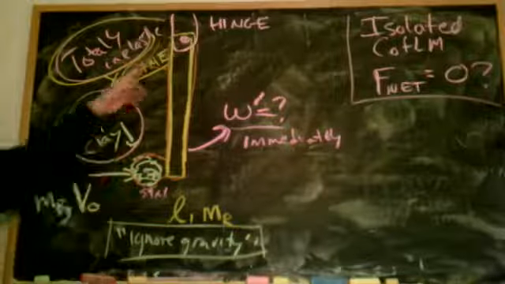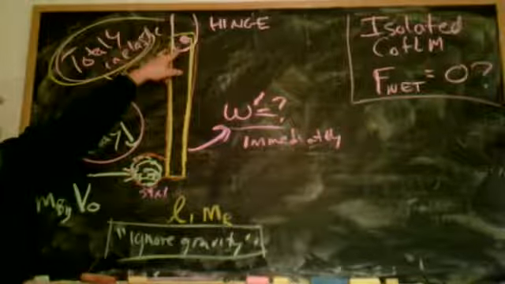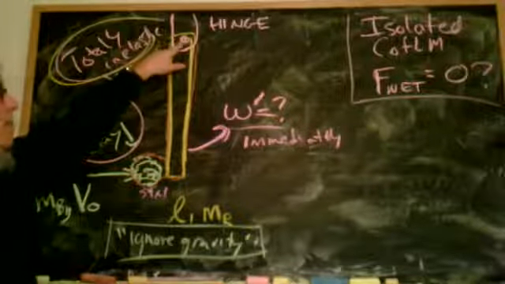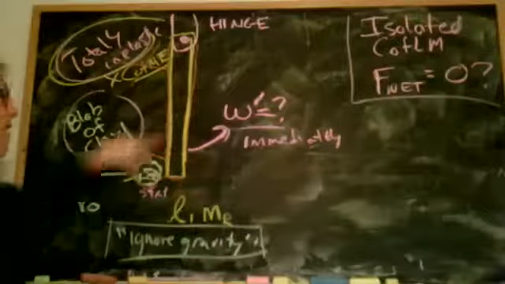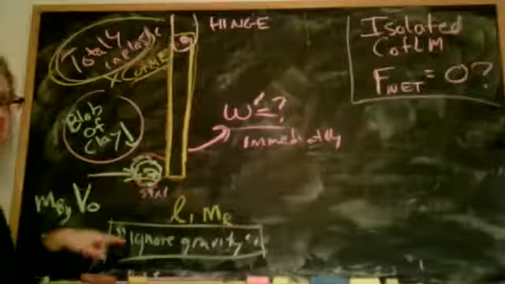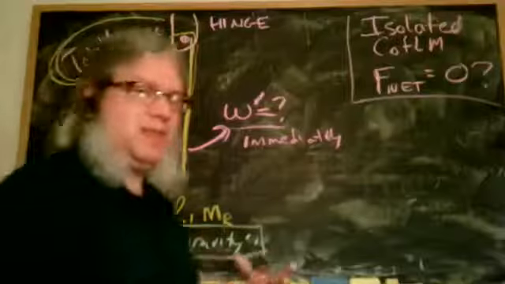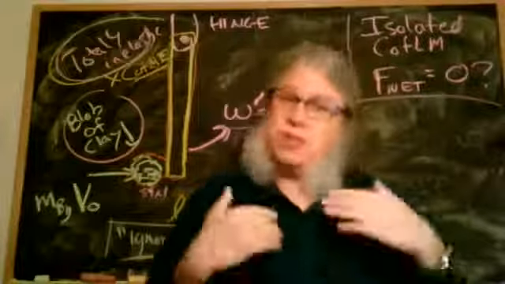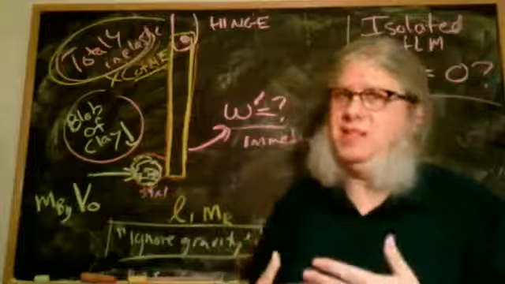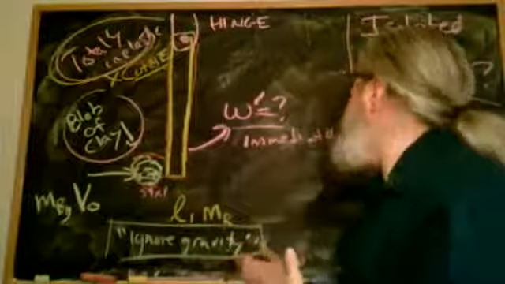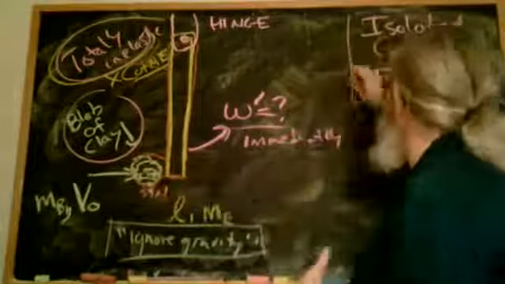And you could say, well, before the collision, there has to be a hinge force, but the hinge force is canceled by the weight force. And so before the collision, the system looks isolated, and that looks promising. But during the collision and after the collision, the system is not isolated. In other words, isolation doesn't just apply at one point, it applies for the whole collision, and before and after.